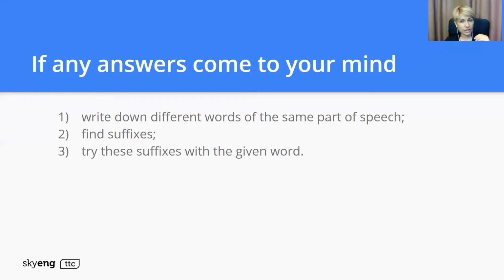Imaginement. Does it work? Actually, no. Okay, maybe something like situation. Information. It works. And we can try all these suffixes with the given word to check.